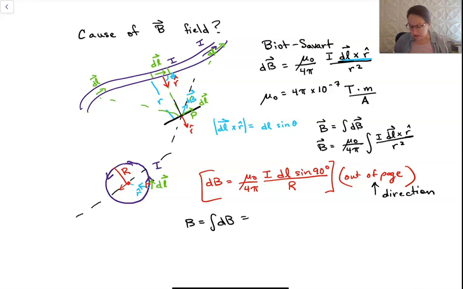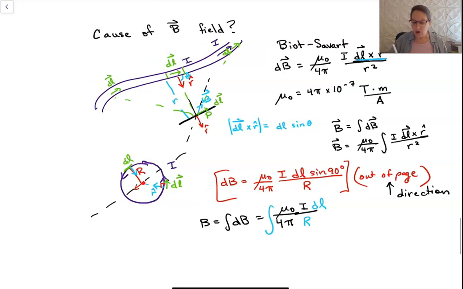In this case, this is not a very hard integral to do. This is mu naught over 4 pi. The I is a constant. Sine of 90 degrees is always 90 degrees. It doesn't matter where I set up my dl. If I set up my dl here, my r hat is still in this direction, so it's 90 degrees because we picked a circle. And so that sine of 90 is equal to 1, over r squared, and then we've got dl, and we have this integral, and we can look at all the constants.